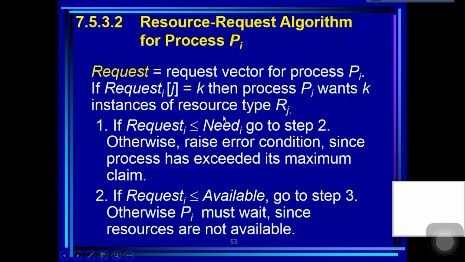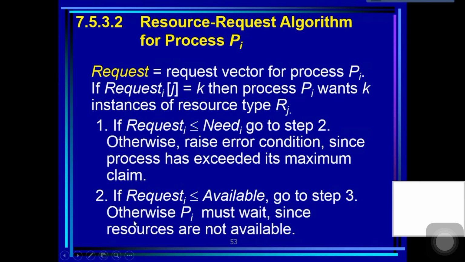If it is not, then we say it exceeded its maximum claim, or we say it is invalid. Okay, if request i smaller than need i, then we determine if the request i is smaller or equal to available, then go to step 3. If the available vector doesn't satisfy request i, no need for us to do more.